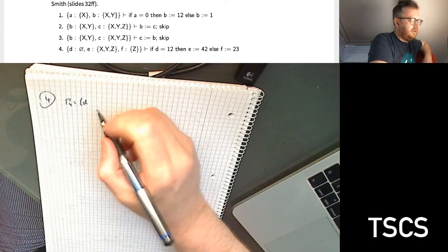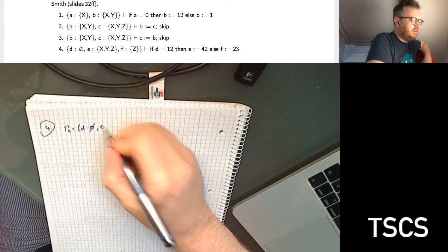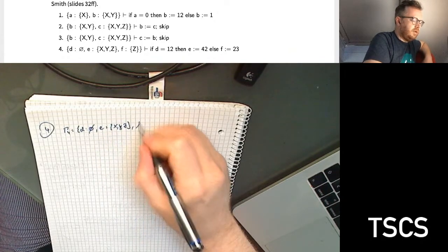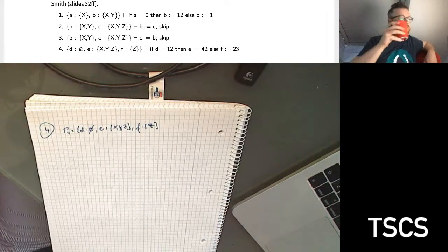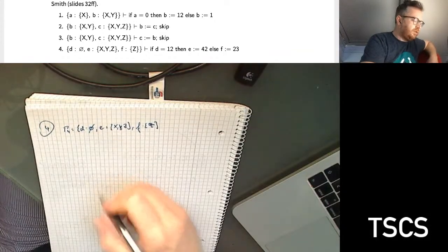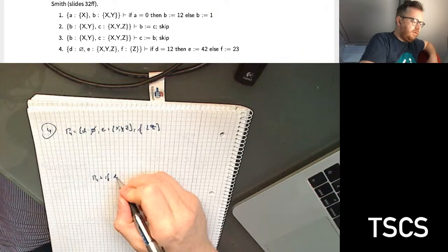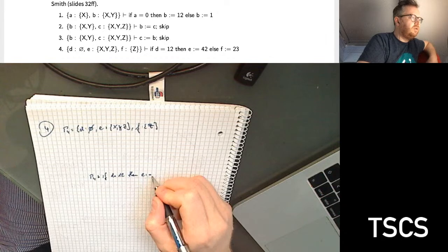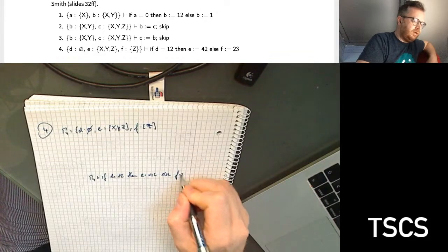This has the empty type label for D. E would be X, Y, Z, and F would be Z. Then we would need to establish under the assumptions of gamma 4, if D equals 12, then E would be 42, and else F would be 23.